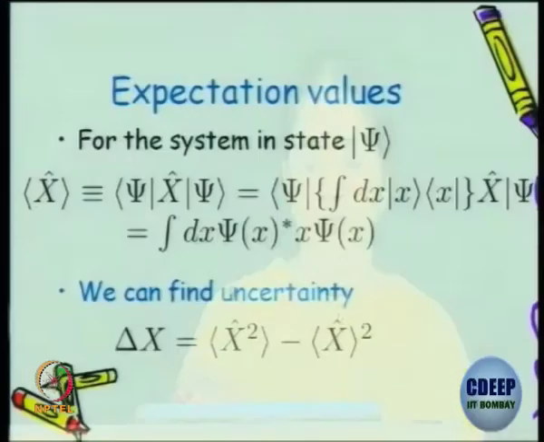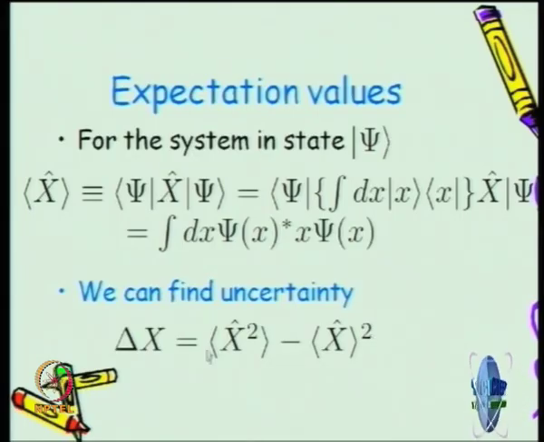You define the uncertainty in the position by finding the expectation value of the square of the position operator, subtracting out the square of the expectation value of x, like standard deviation. Standard deviation you have to do on the expectation values. Yes, there should be a square root, or you can write delta x squared.